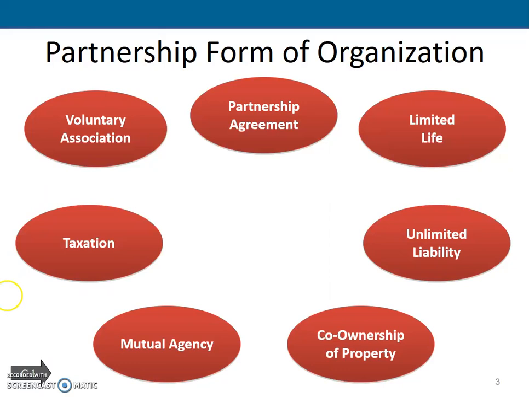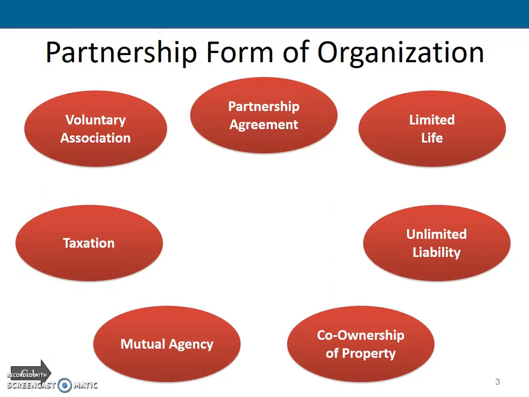All right, the next one is unlimited liability. Just like when we talked about with the sole proprietor, unlimited liability means that if the partnership were to have debts that someone had to pay, it doesn't matter who in the partnership created those debts, you're all equally responsible. So someone has to pay it. When we look at that unlimited liability, each partner can be required to pay the partnership's debts.